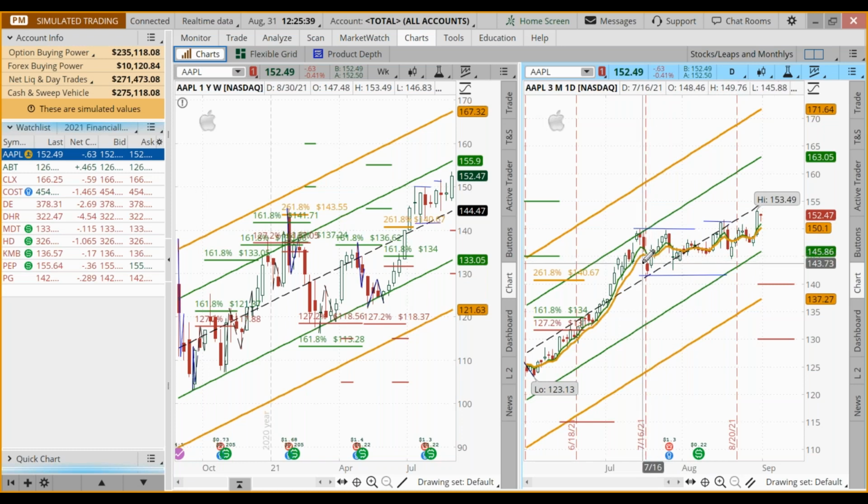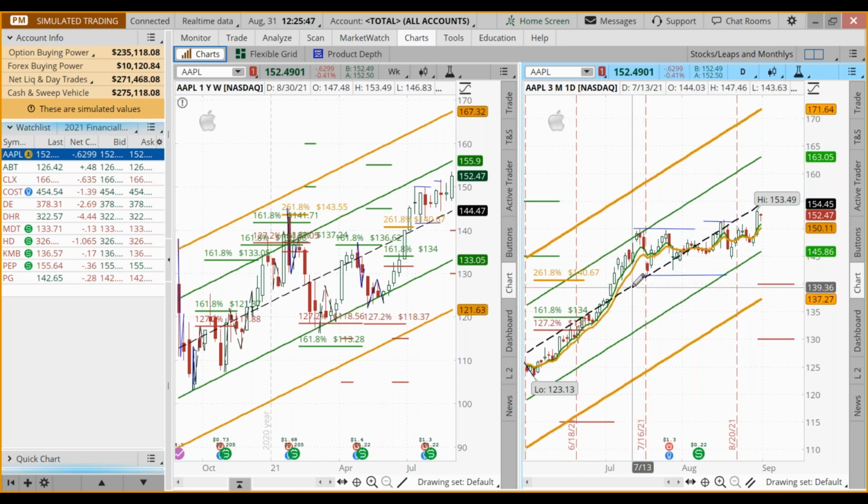But the 5 and the 8, you can see I only have it on the day chart because I learned way back from a floor trader that they follow the 5-day exponential moving average.